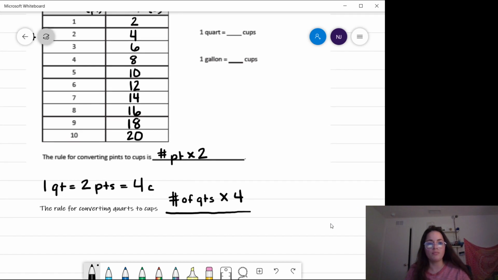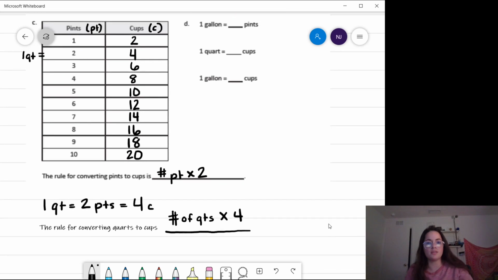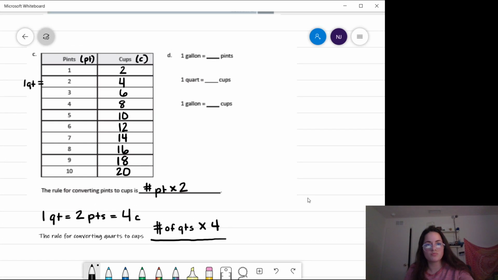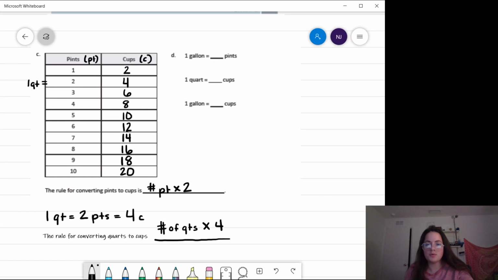So using that information there, how would we figure out how many cups are in 3 quarts, 1 pint?